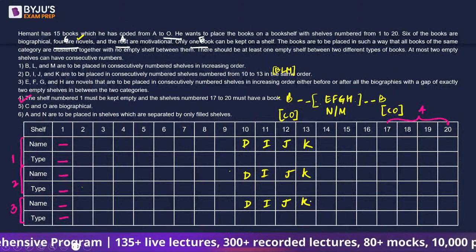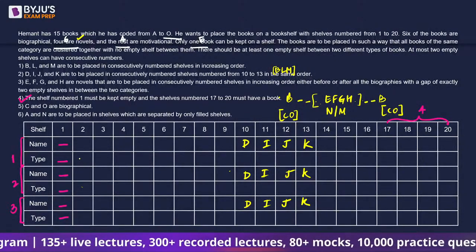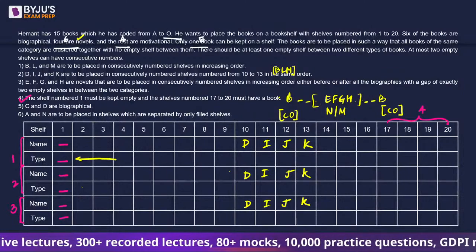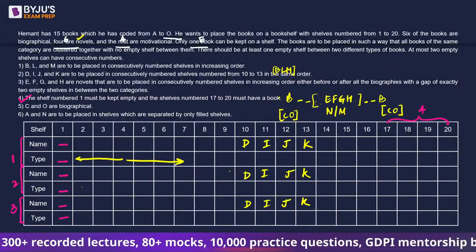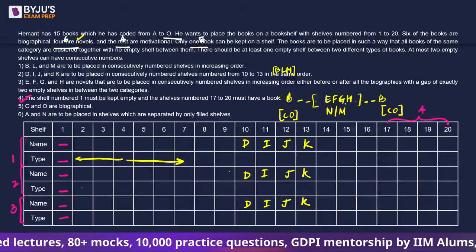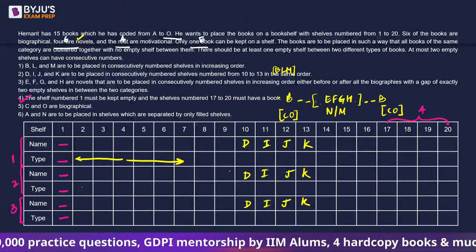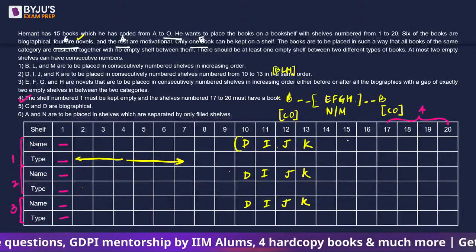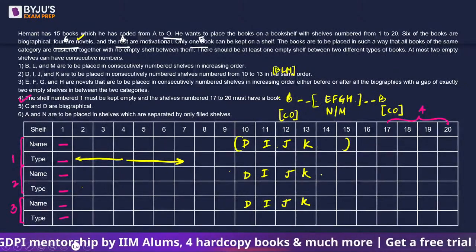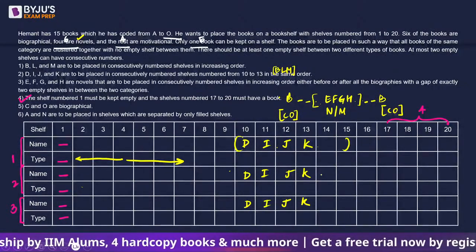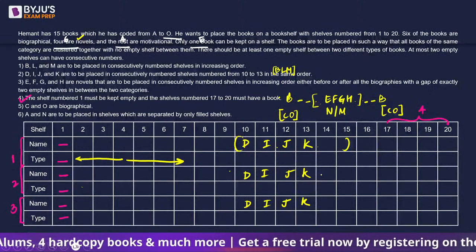Right? Now, we have seen that if we keep the first 6 books as biographical, right after or before biographical, we are supposed to put CO. So if we are going to put CO here, then this will become 6 in number, but 6 books are biographical. So this is not possible, right?